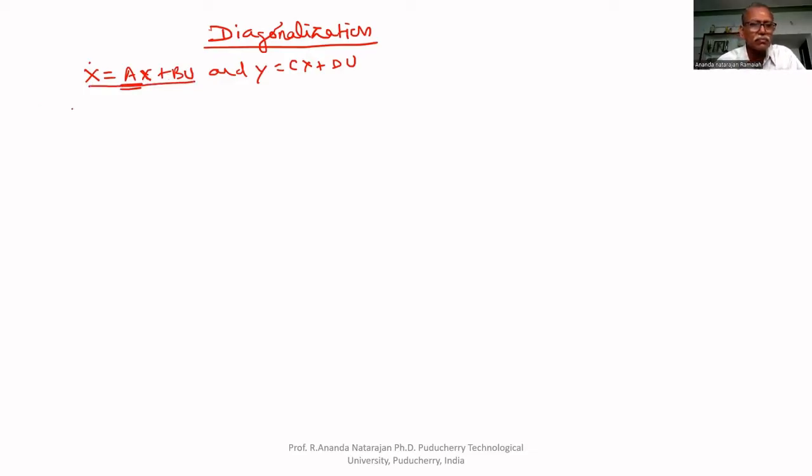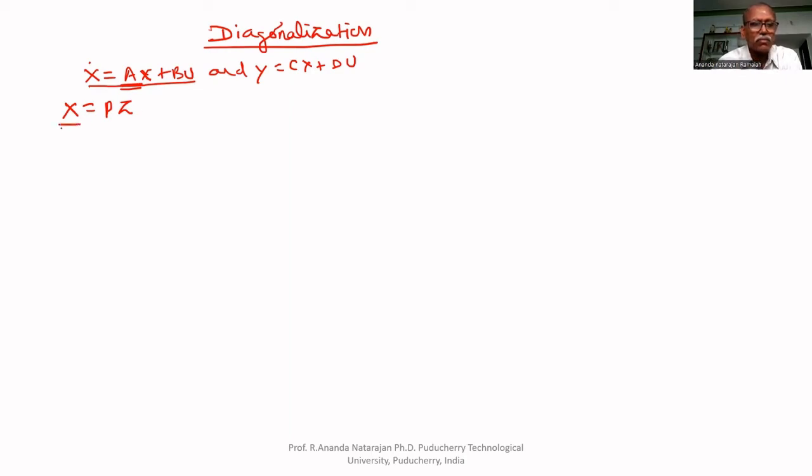Let us assume that X equal to PZ. If you write in terms of the transformed variable Z, Z dot, then A becomes diagonal.